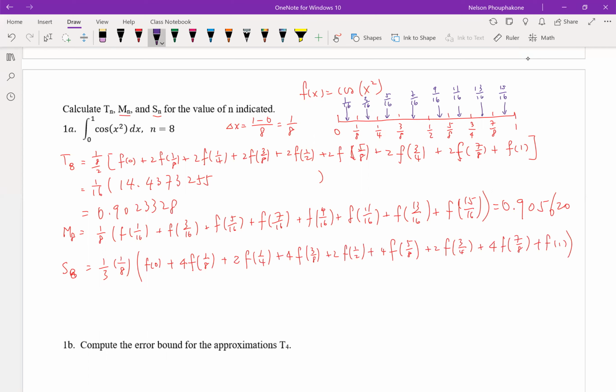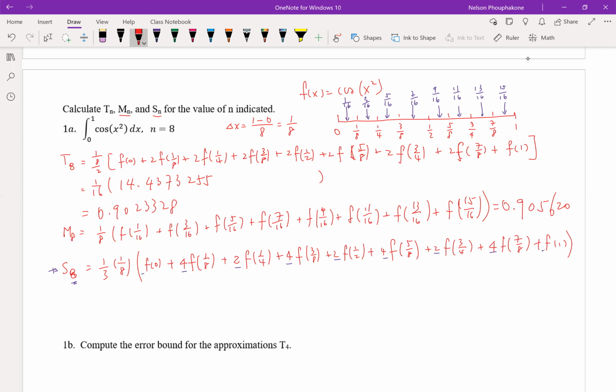Again, the pattern is 1, 4, 2, 4, 2, 4, 2, 4, 1. So again, remember for Simpson's rule, the n must be even.